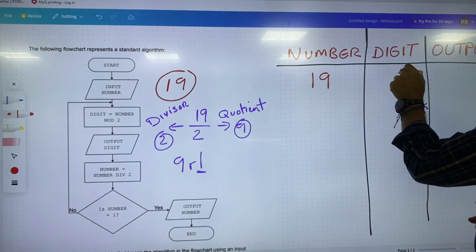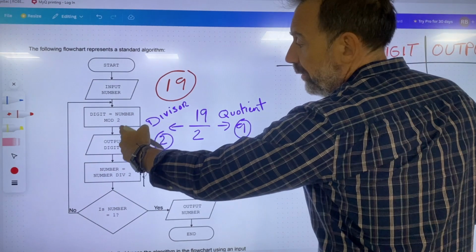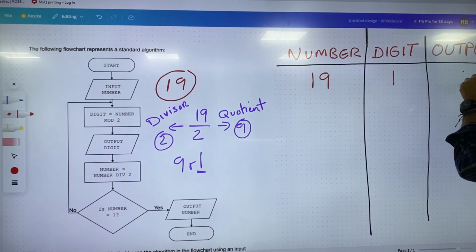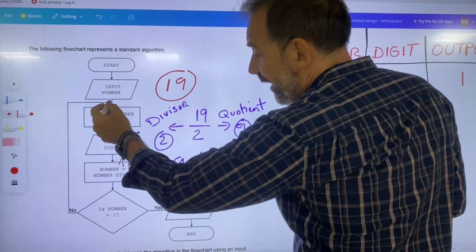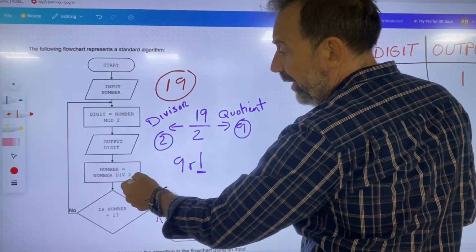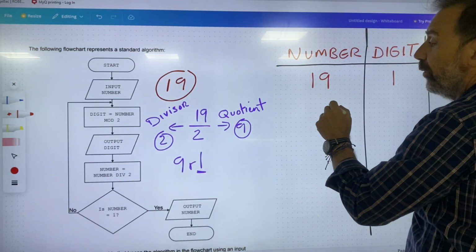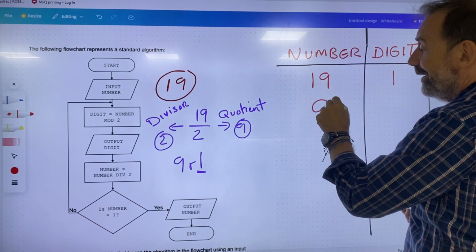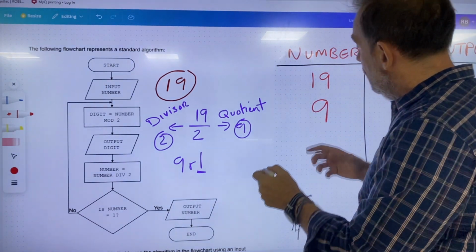I've got my digit as 1, and then the next value, number equals number divided by 2, would be 9.